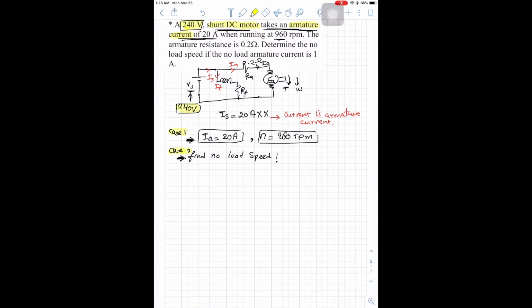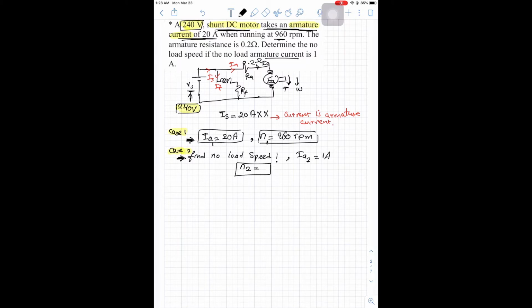So we need to find the no load speed. What is given at no load is that the no load current is 1 ampere, and this is the no load armature current. So I armature in case 2 equals 1 ampere. Let's name these as case 1 and case 2. So the unknown will be the second speed.